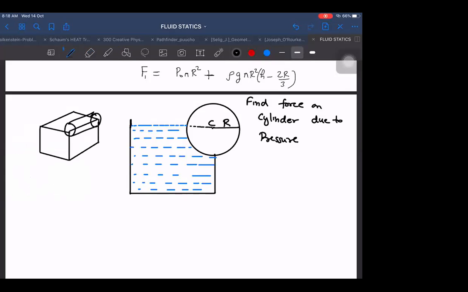It means water is touching only one side of this cylinder, but it is not touching the plane surface areas. The liquid is only touching the curved surface area, and on that curved surface area we have to find out the force.